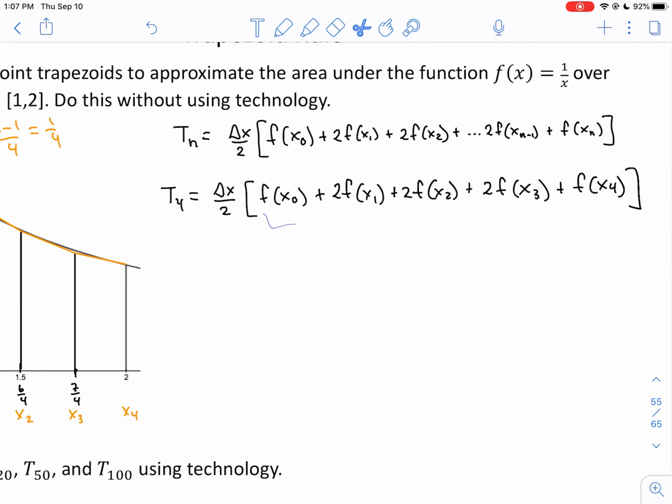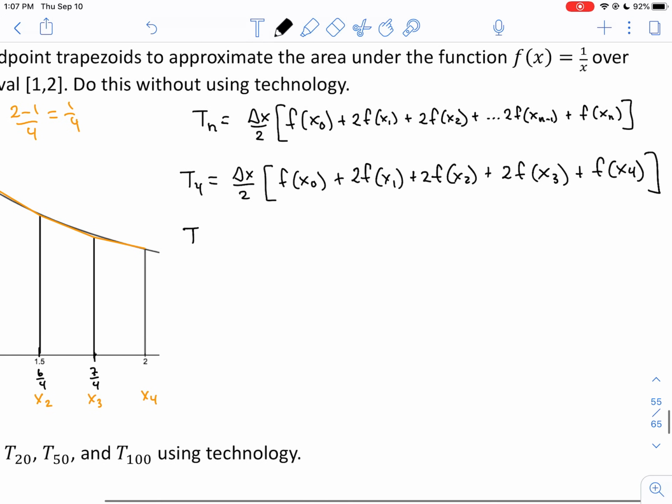Notice that we see a total of 5 y coordinates being used, and the interior ones are all doubled, but the exterior starting and ending ones are single copies. This is a result of adding the left-hand sum and the right-hand sum together, where all the middle ones get used twice, so when you add them together you double, and then you divide by 2 to do an average. That's why this division by 2 is out here.